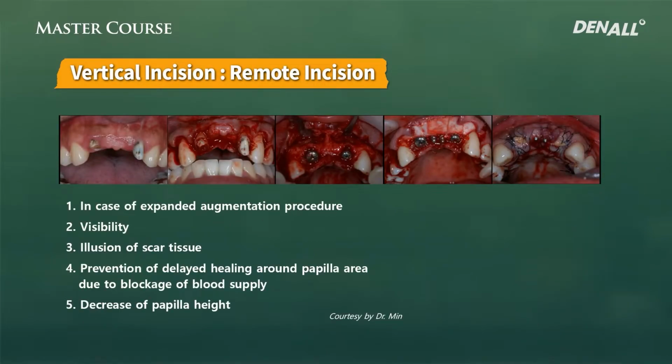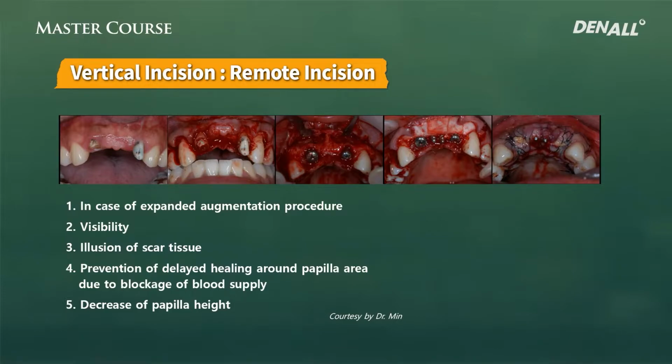If you look at the vertical incisions made here, overall you can see the surgical field is clearly visible, and you can do the expanded augmentation procedure.